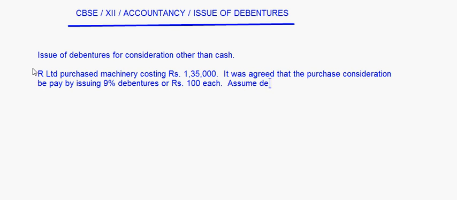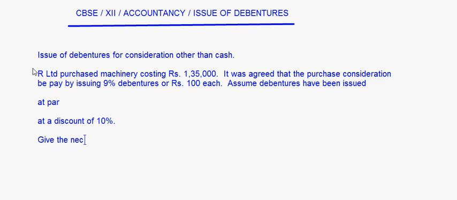Assume debentures have been issued. The first case is at par and the second at a discount of 10%. Give the necessary journal entries. This is the question, right?